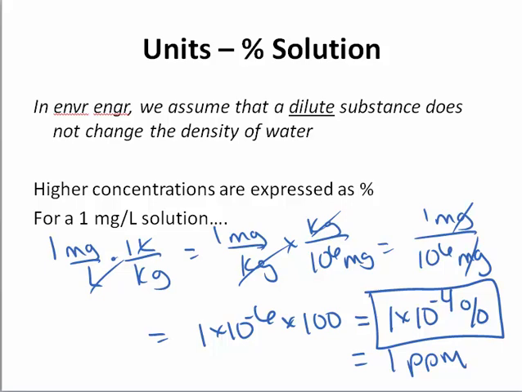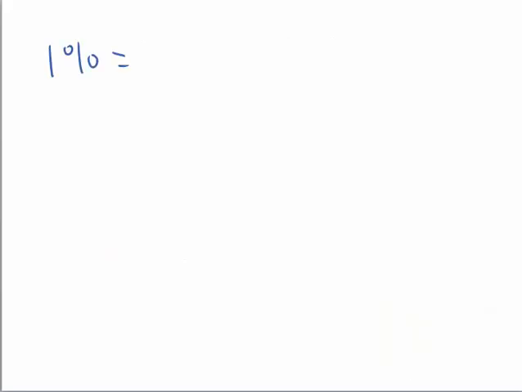So let's see what a 1% solution is equal to in the typical units you're used to. A 1% solution is equal to 1 per 100. We can say that this is 1 gram per 100 grams, or we could say it's 1 milligram per 100 milligrams. For this demonstration, I'm going to say 1% equals 1 gram per 100 grams.